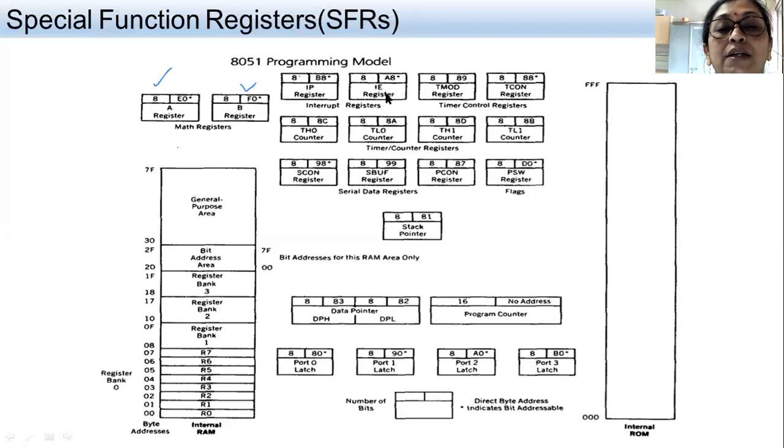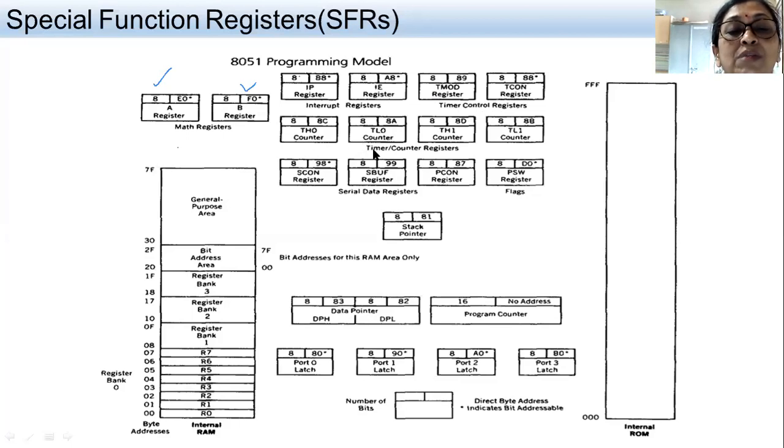IE means interrupt enable. There are 2 timer control registers, TMOD and TCON. As you can observe here, they are also 8-bit registers. The address for the TMOD register is 89 hex and the address for the TCON register is 88H. So TMOD and TCON are the timer control registers.